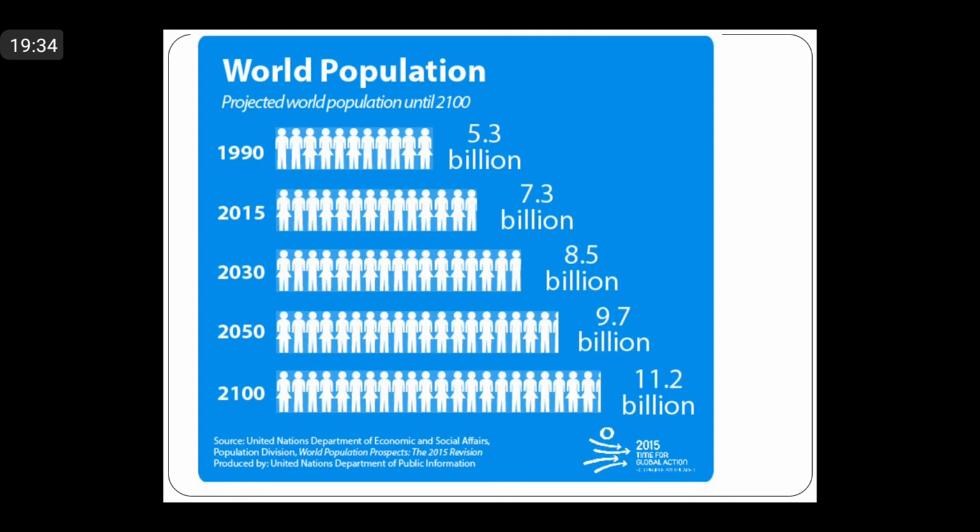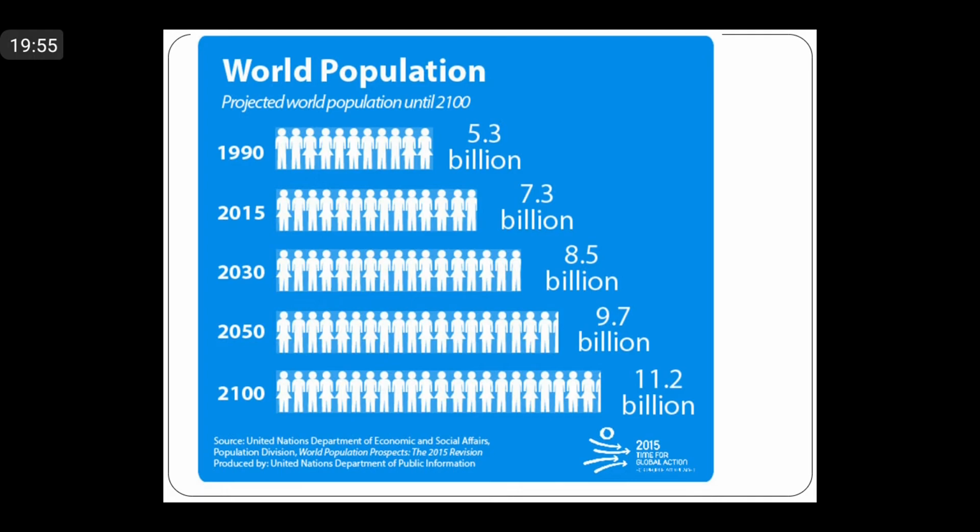1990, then 2015, 2000 years in terms of years, 2030, 2050, and then 2100 years. So what is given? That the population increased to 5.3 billion, 7.3 billion, and 8.5 billion.